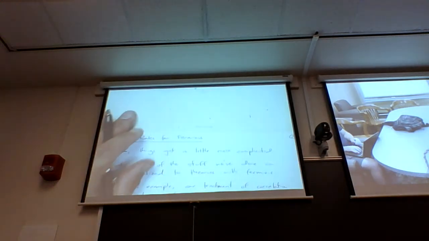And what we want to do now is start to talk about theories with fermions. Okay? And needless to say, things are going to get a little more complicated.